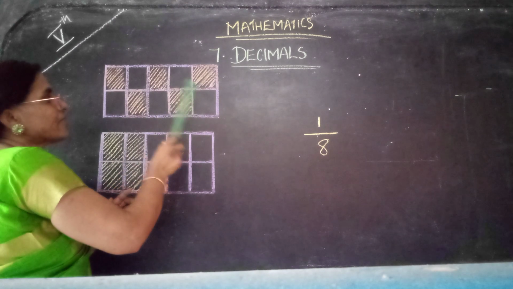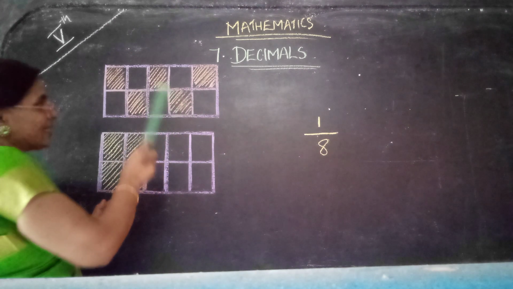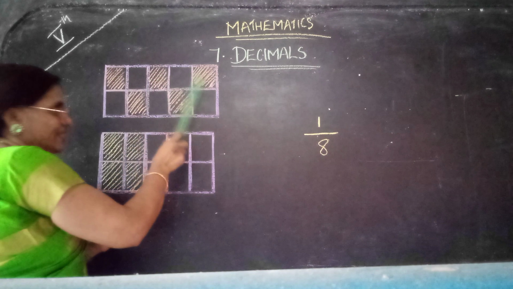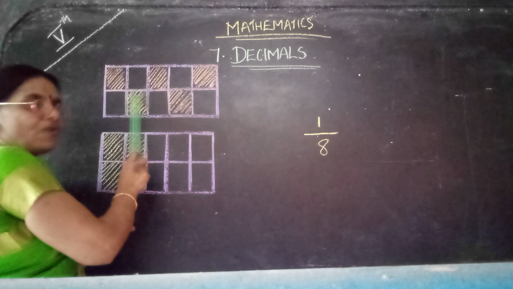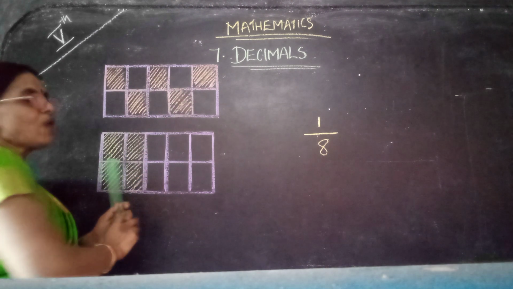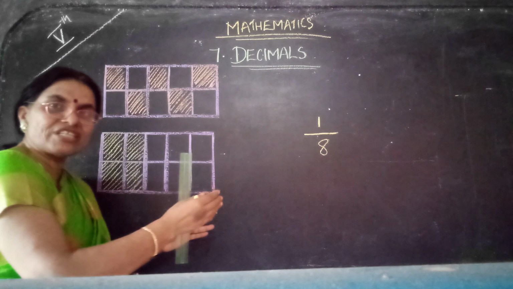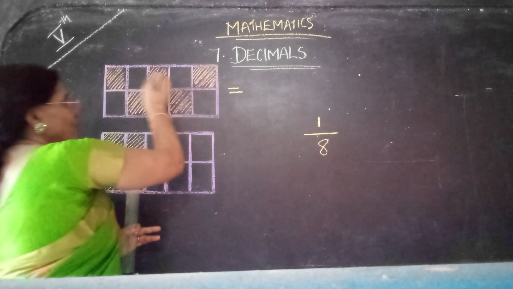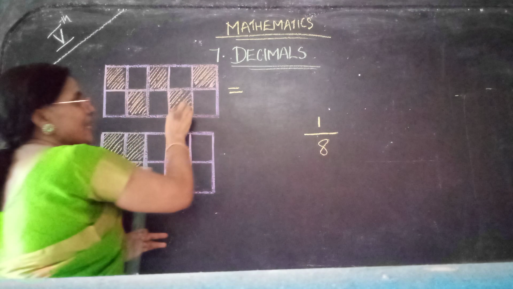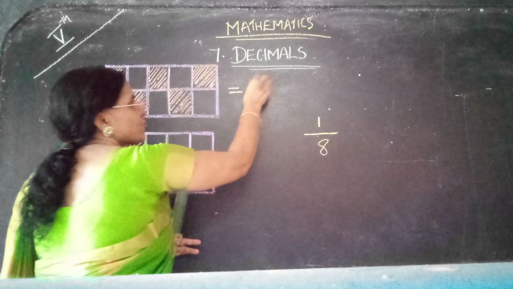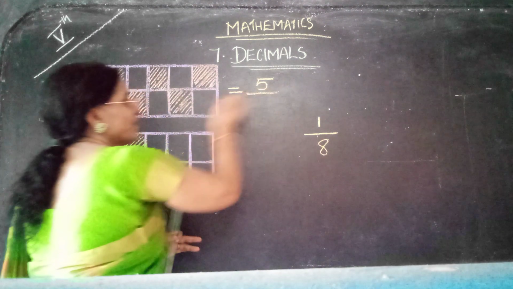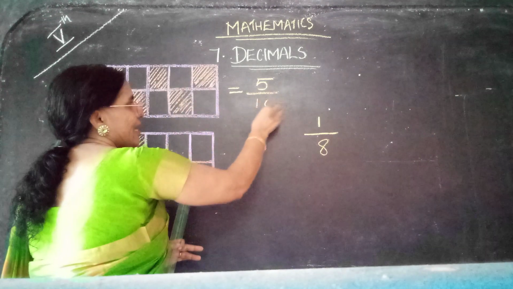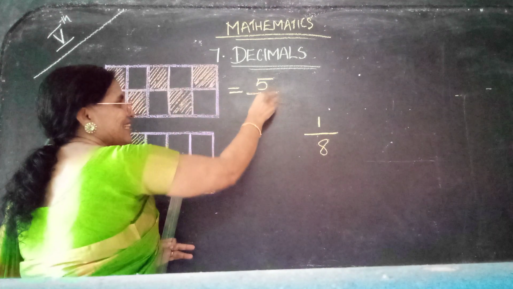So, how many parts are shaded here? Let us count. 1, 2, 3, 4, 5. How can you write it as a fraction, children? 5 parts are shaded out of 10 equal parts. So we can write it 5 by 10.